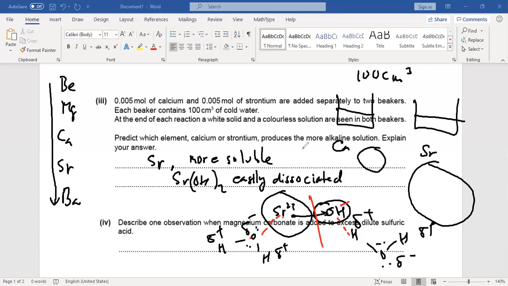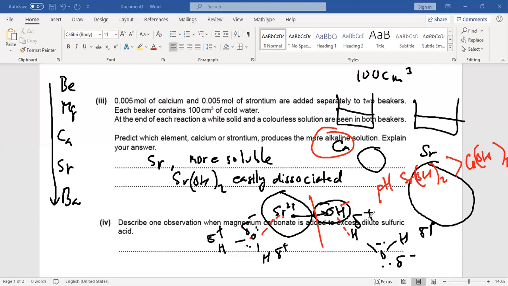So that's why it produces a more alkaline solution. As a consequence, if we determine the pH of Sr(OH)2 compared to Ca(OH)2, the pH of Sr(OH)2 is higher than the pH of Ca(OH)2, because Sr(OH)2 is more readily able to split or give away OH minus.